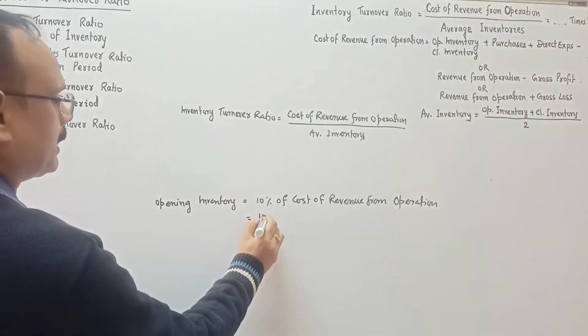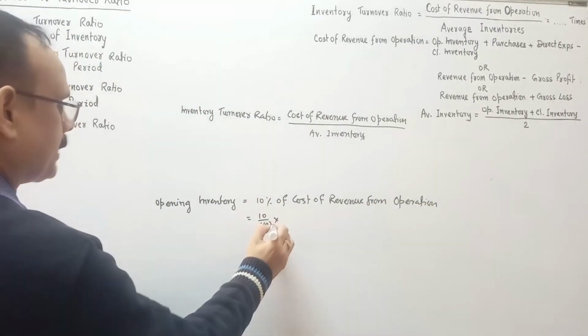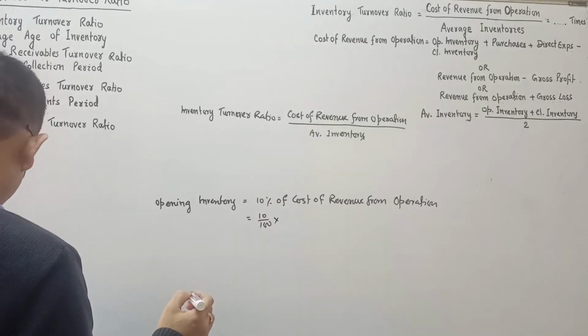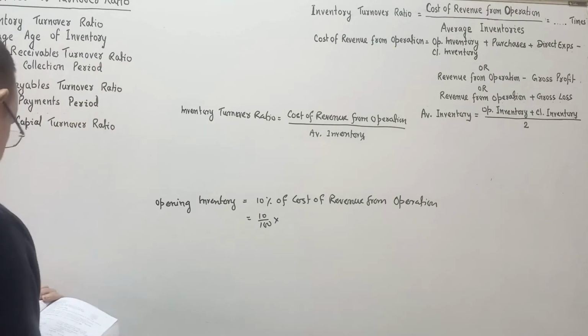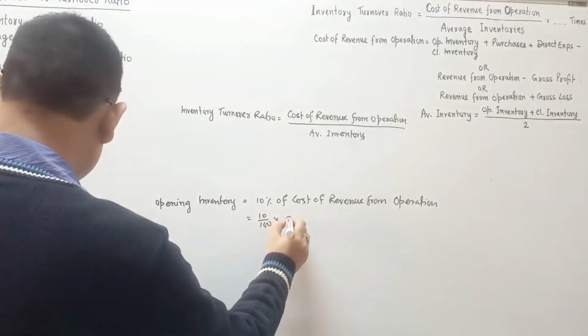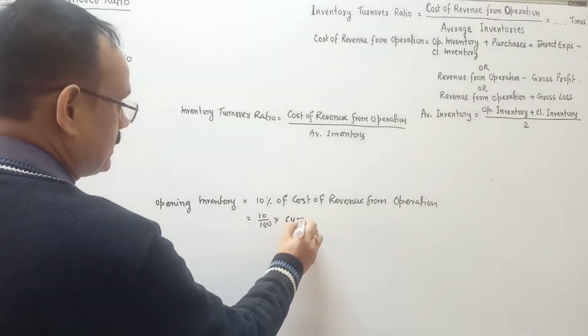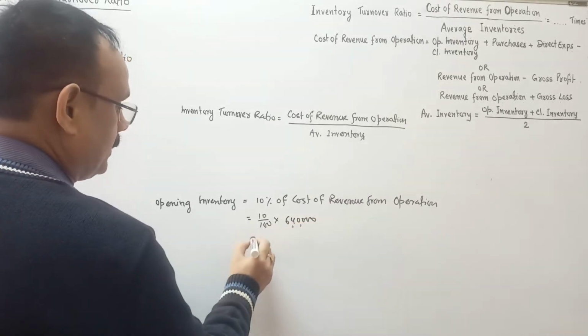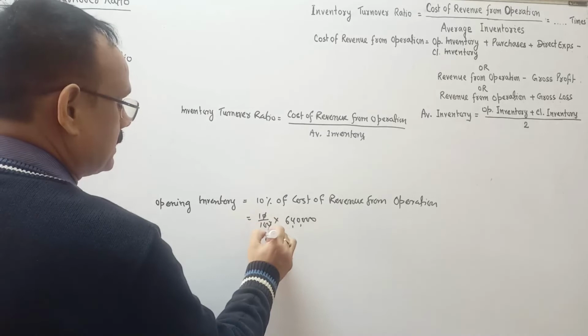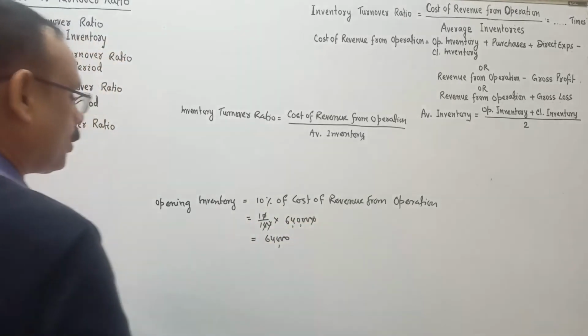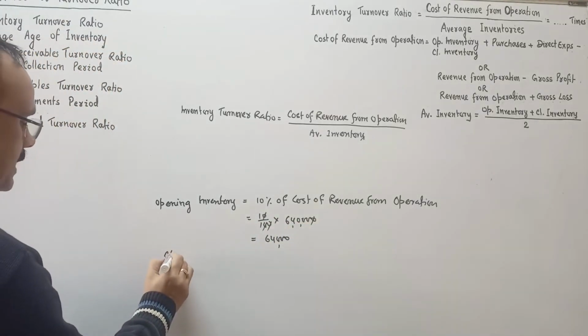So 10 upon 100 into cost of revenue. Cost of revenue in this question is 6,40,000. So it is 64,000, which is your opening inventory.